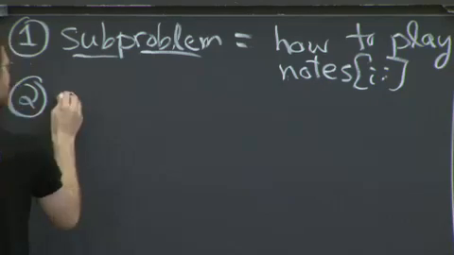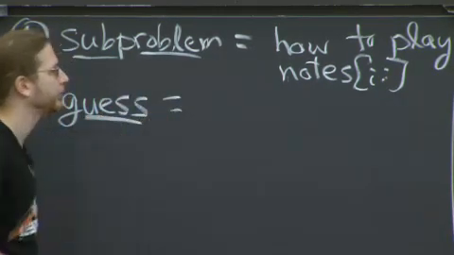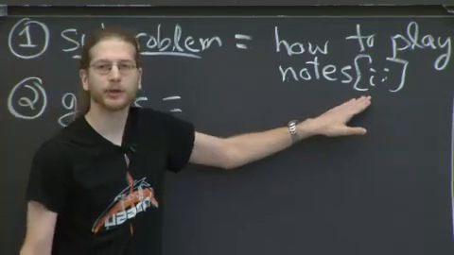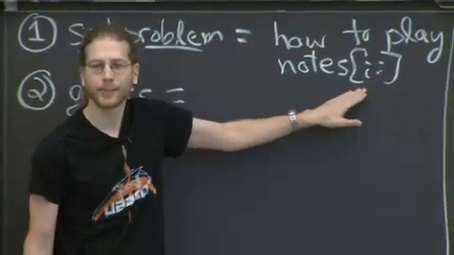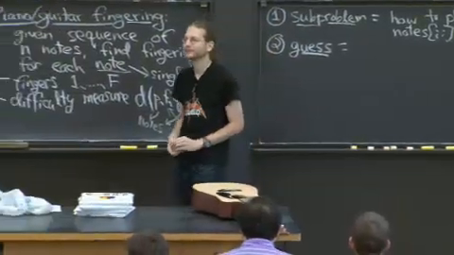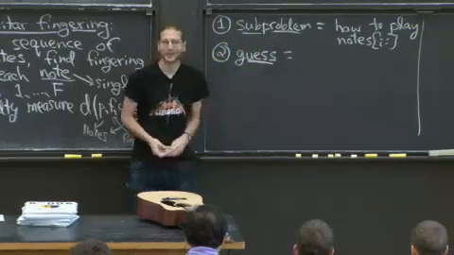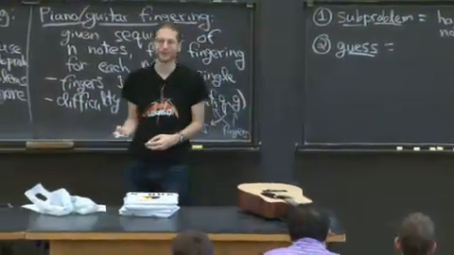OK, then we need to guess something. What's the obvious thing to guess, given that I need to play notes i onward? Think a little harder. This one you shouldn't have to think. That's what I tell you. Try suffixes, try prefixes, try substrings.